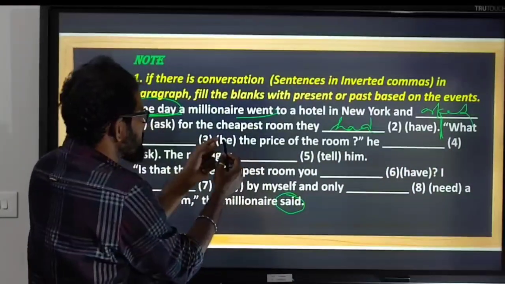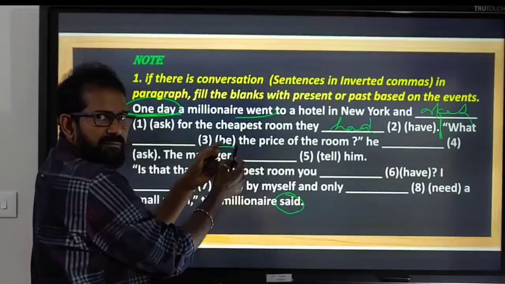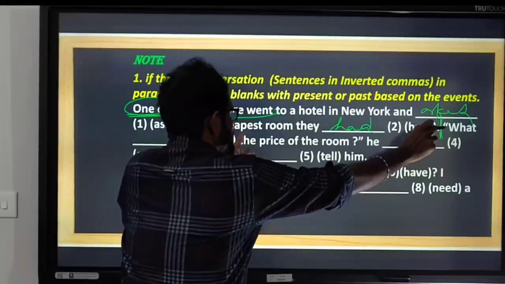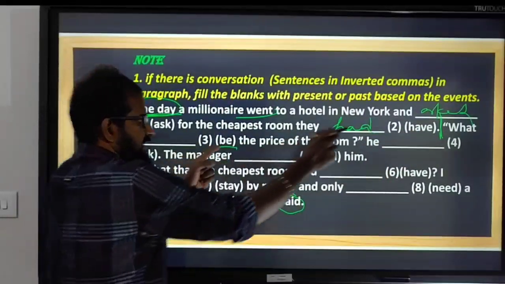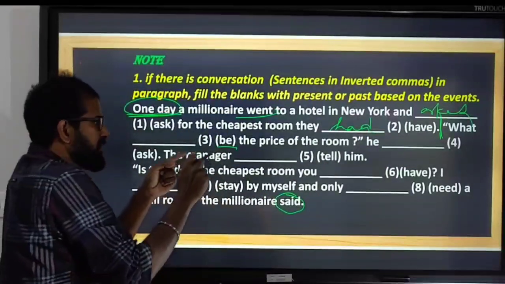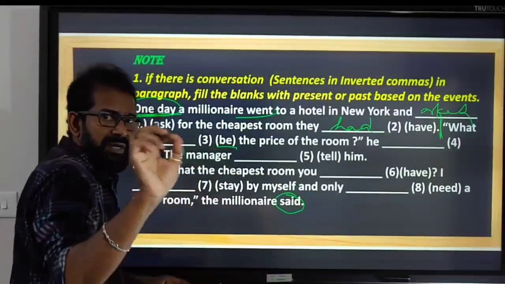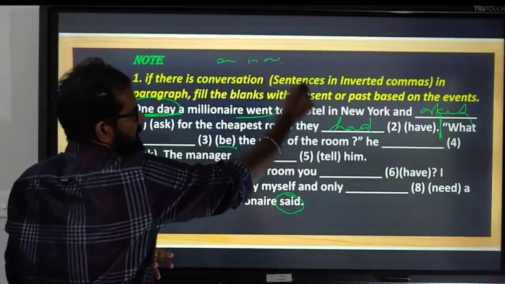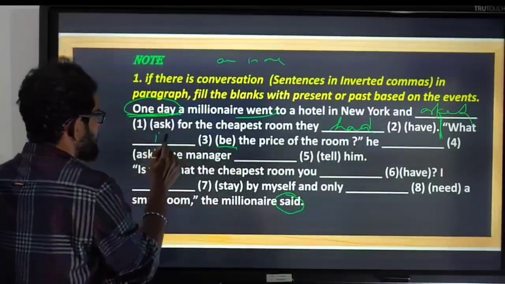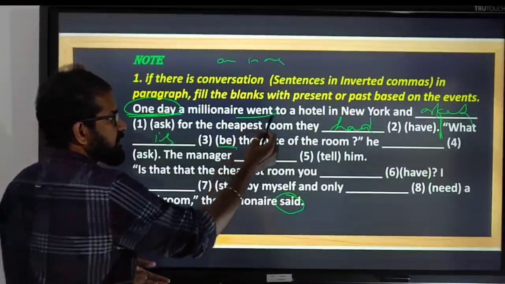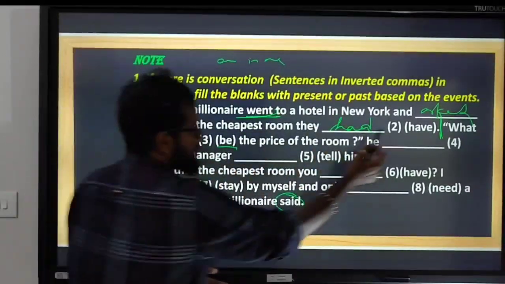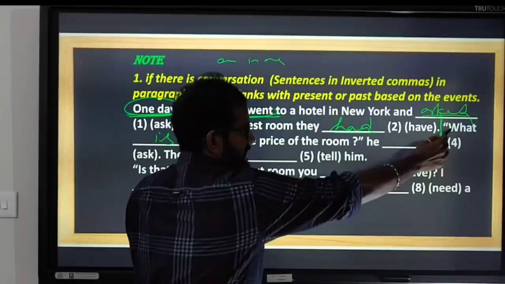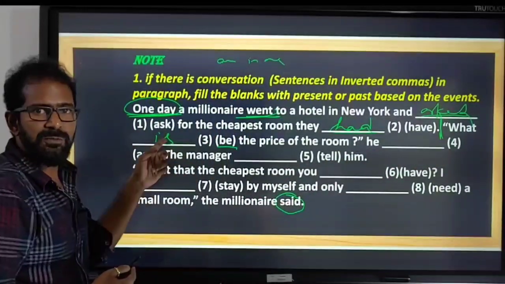So we don't use the be past form here, we use the be present form, because it is the situation that is going on now, the conversation that is going on now. So we need to use the present be form. What are the present be forms? Am, is, are. Now what is? Even though the paragraph is in past tense, asked, had, being there is a conversation, we use a present.